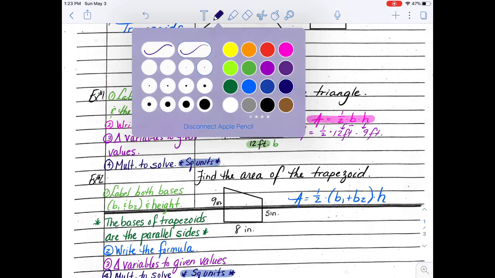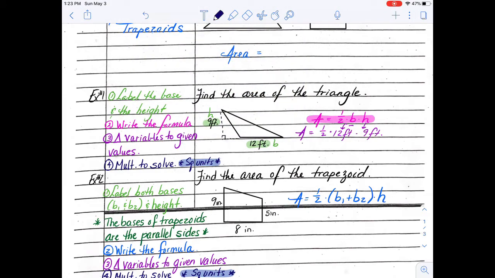Now to go ahead and solve it, we're just going to multiply. And I know I can do half of 12, which is 6, and then 6 times 9, 6 feet times 9 feet, is going to give me 54 square feet. And I did tell you right here, remember, it's square units when we deal with area. So that's the area of that triangle, 54 square feet.